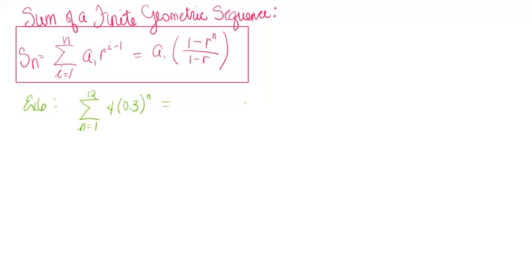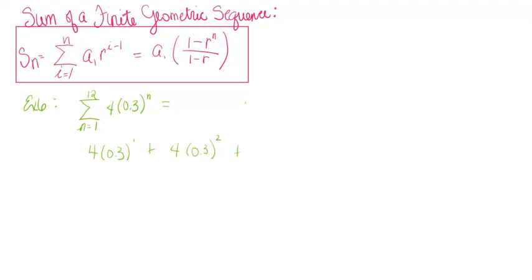So we need to figure out what our first few terms are, and then we can figure out what our first term actually is, because 4 is not actually our first term. The first term would be 4 times 0.3 raised to the first power. Our second term would be 4 times 0.3 raised to the second power.